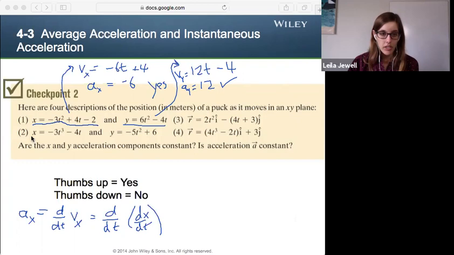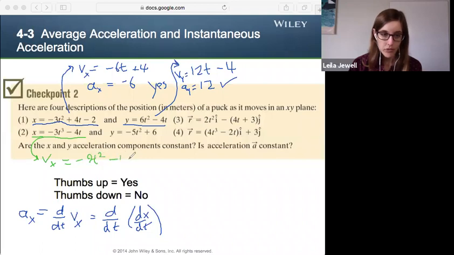Now what about for case 2? For case 2, notice the time is now cubed. So if we take the first derivative, we'd be okay thus far. We'd have negative 9t squared and minus 4.